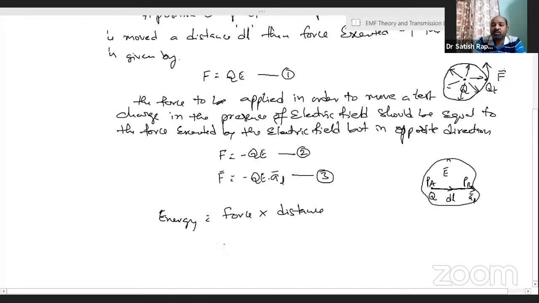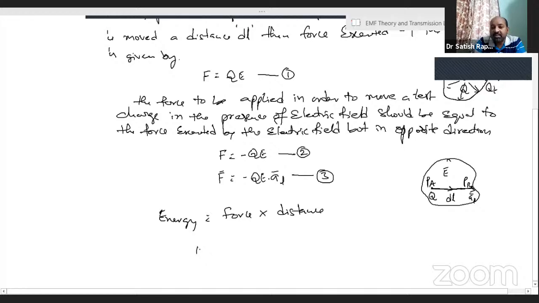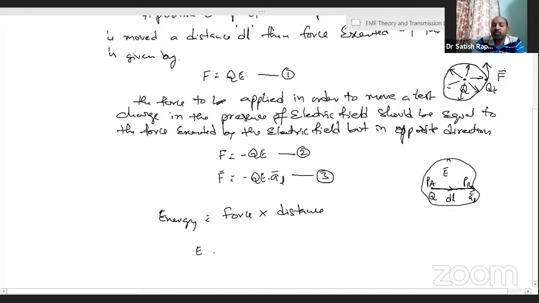The energy is not E, because the electric field is represented as E, so let us say W is the energy.